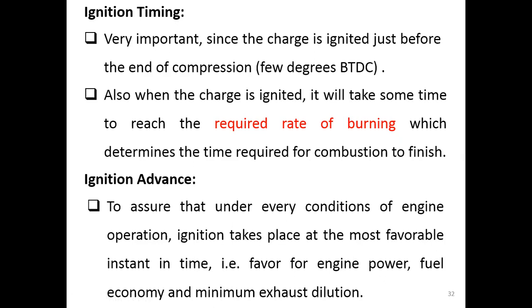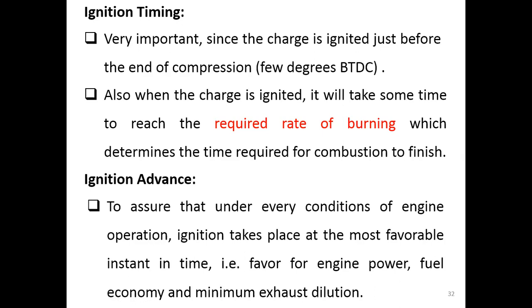Since the charge has to be ignited before the compression finishes, the time that we mention here is called the ignition advance. And when we mention the time in the engine, we always refer to what?